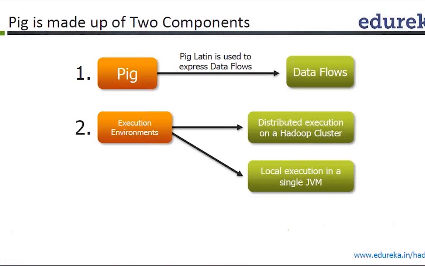Okay. So one of the things, guys, about this execution environment is that Pig has two kinds of environment for how you can start with Pig. One is called the local mode. In the local mode, whatever you run is going to read the data set from the local file system and write into the local file system.